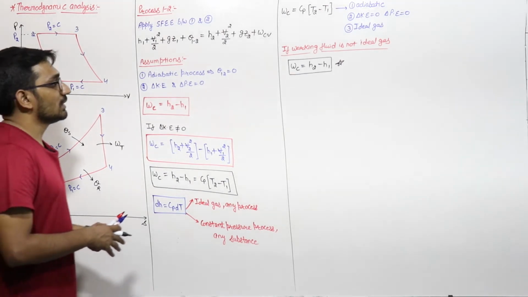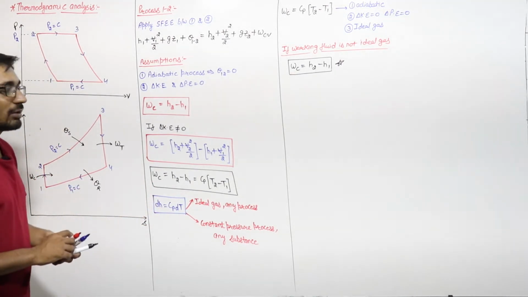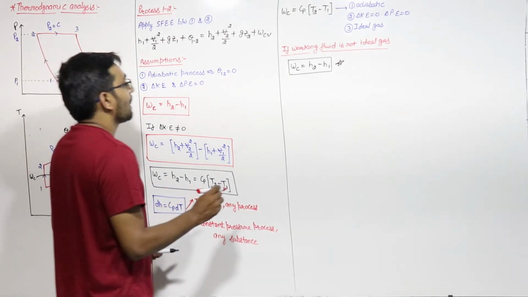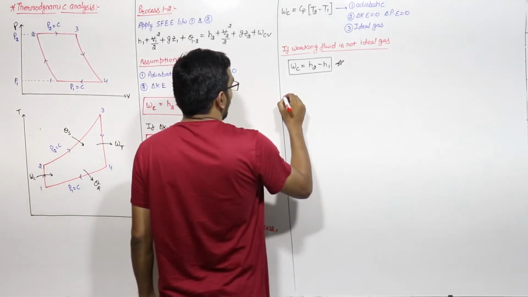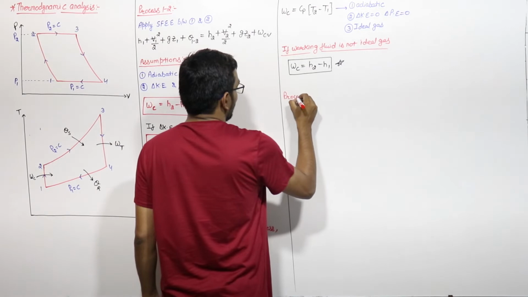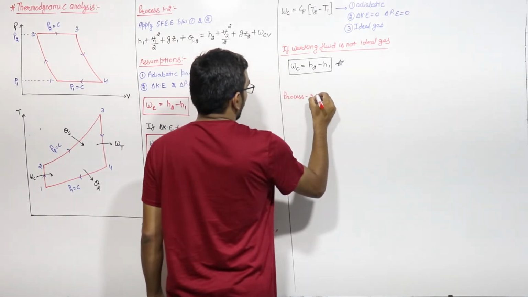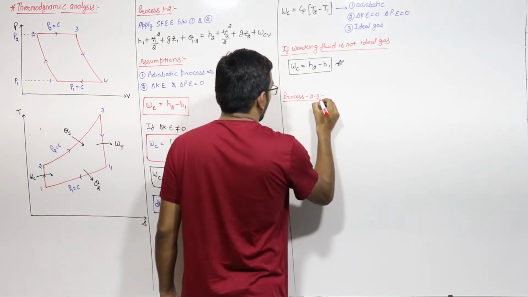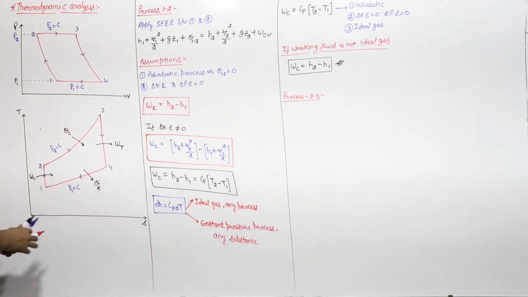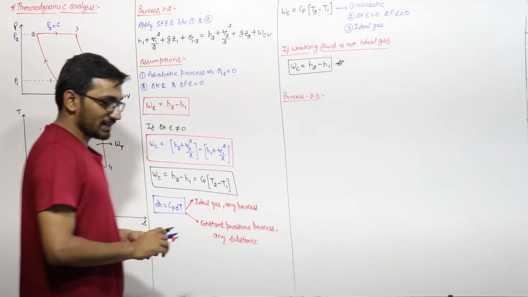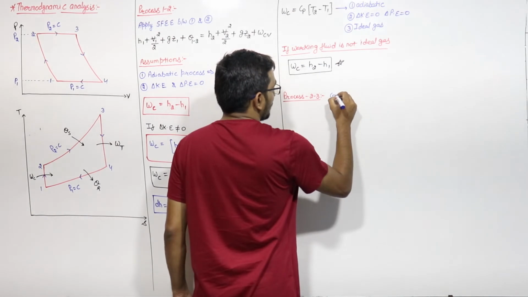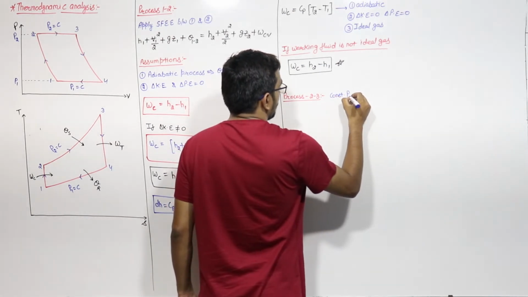So this is the work required by the compressor. Now let us talk about process 2 to 3. Process 2 to 3 is constant pressure heat addition.